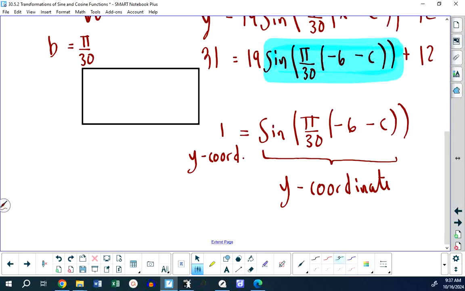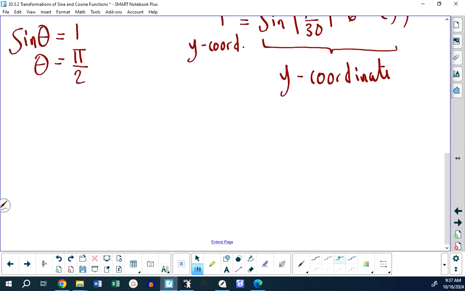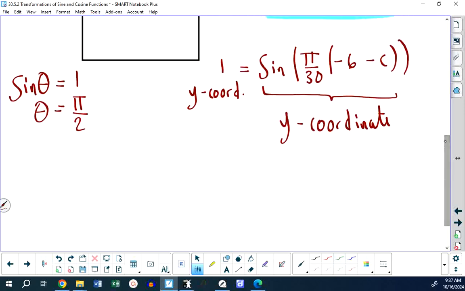This is tricky. If I gave you sine of theta equals 1, everybody who knows what they're doing would say theta is pi over 2. Right? Well, that means that pi over 30 times negative 6 minus c is equal to pi over 2. Because the sine of that is equal to 1, the angle itself must be pi over 2.